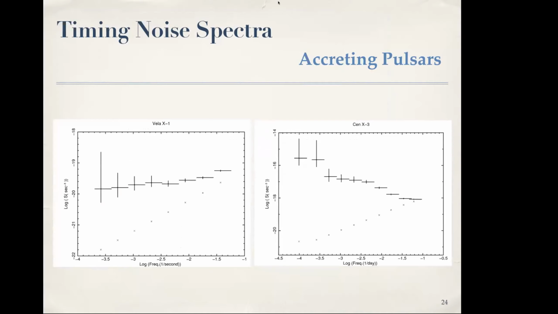As seen from the figure, here is the power density spectra of Vela X-1, GEN X-3, and Centaurus X-3. Vela X-1 is characterized by a white noise. By white, we mean that the noise estimates are evenly distributed over the time. While the power density spectrum of Centaurus X-3 is characterized by a red noise component.